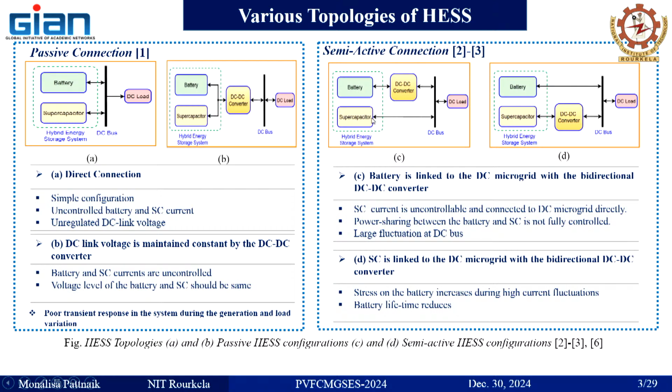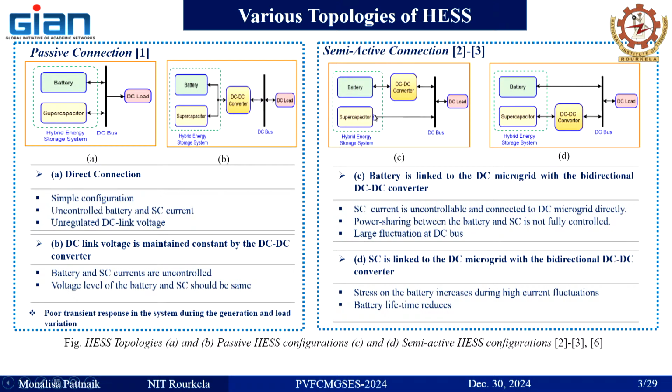Then coming to the semi-active topology, here you can see that either the battery or the supercapacitor is connected through a DC-DC converter. Either the battery is connected to the bus through a DC-DC converter and the supercapacitor is interfaced directly, or the reverse: the battery is connected directly and the supercapacitor is through the DC-DC converter. What is the drawback of this system?